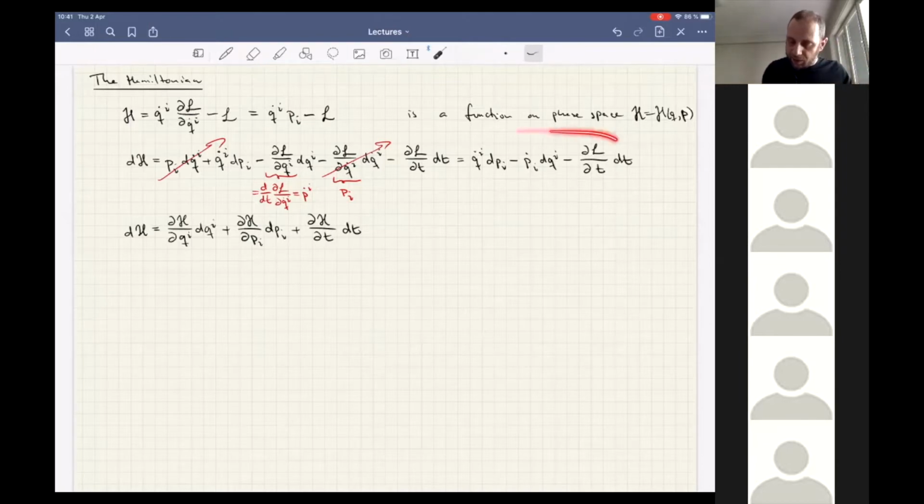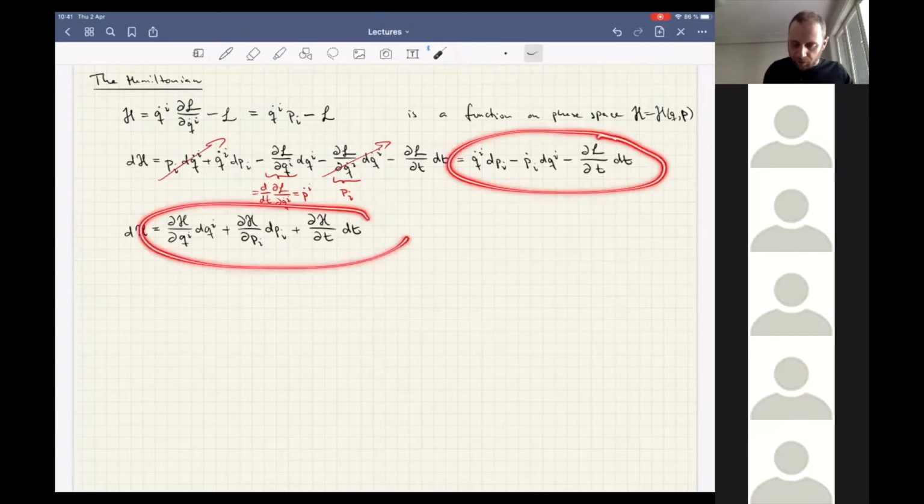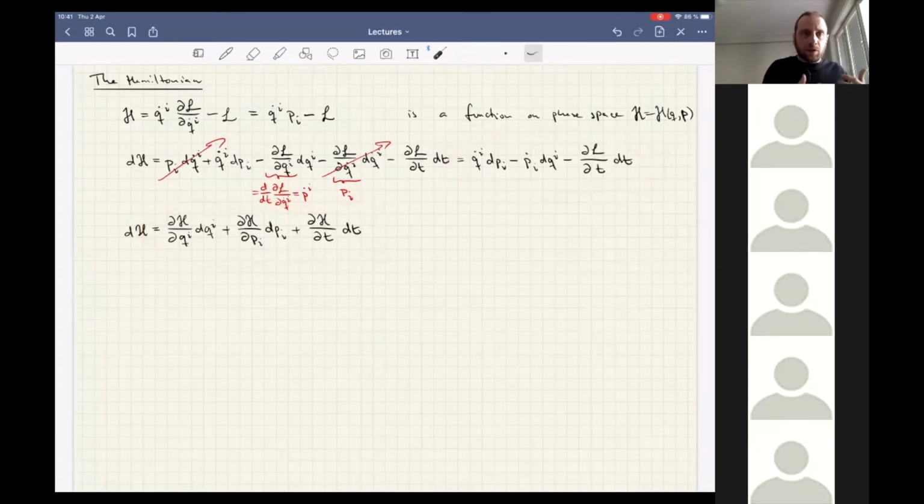And now we can compare those two expressions. So this expression here must be equal to this expression. And this must hold for all possible small variations in phase space. So this means that whatever stands in front of dqi in one expression must be the same thing that stands in front of dqi in the other expression.